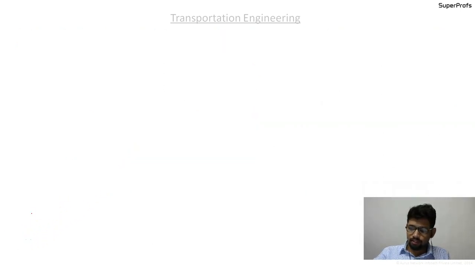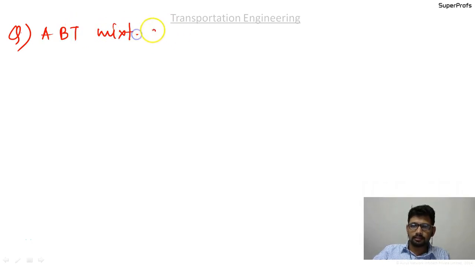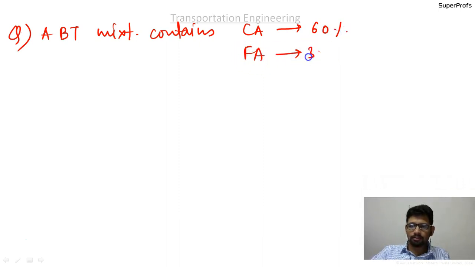So there is a question that a bitumen mixture contains 60% of coarse aggregates, 35% of fine aggregates, and 5% asphalt by weight.